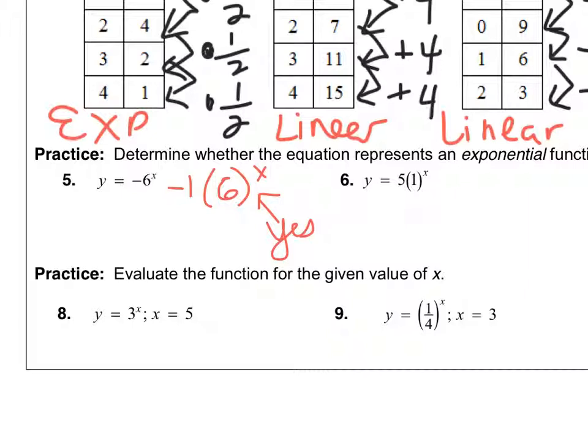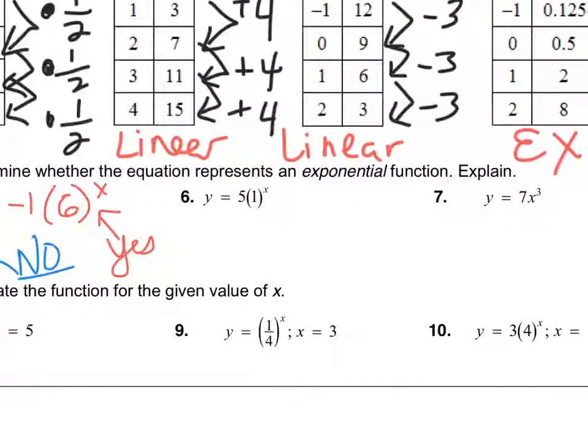However, if a was a 1 and the b was a -6 raised to the exponent, that's a no. So really we're not sure on this one because it depends on which way it was intended. Where was the negative sign? Did it go with the a or did it go with the b? But it's really critical to get in your head that if you've got a negative b, it's not an exponential function.